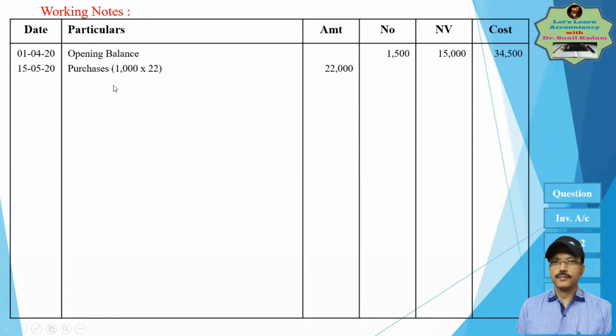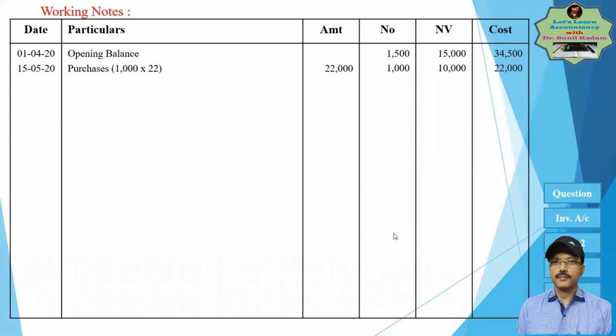The number purchased is 1,000, and the nominal value is 1,000 into 10, since 10 is the face value, so the nominal value is 10,000 and the cost is 22,000. No need to work out interest or anything; just record 22,000. The entry will be passed to record this transaction.